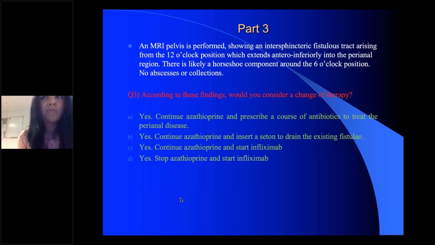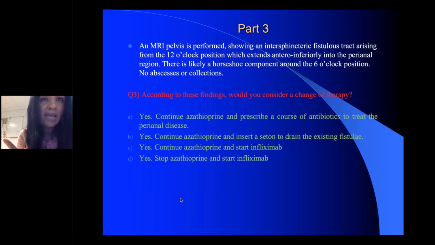And this is to treat the perianal disease alongside his relapsing luminal disease that is probably feeding his perianal disease. So this has to be the right answer. So it's C, it's not A or B. None of you went for D, I'm glad, because you wouldn't stop the azathioprine. This is going back to that REACH study that said infliximab works better with azathioprine, so we use combination therapy, which is proven to be more effective than monotherapy alone.